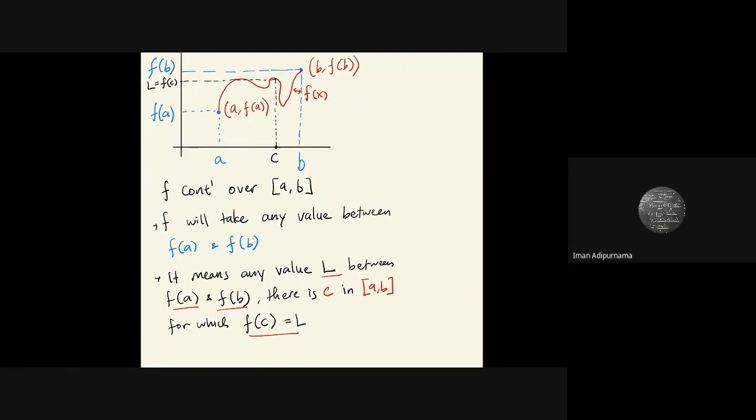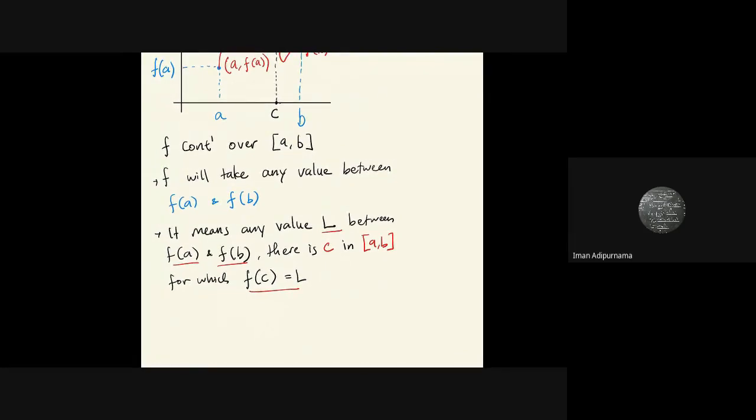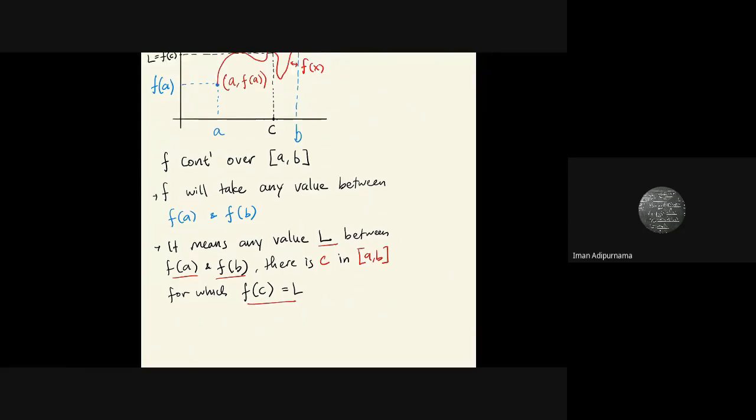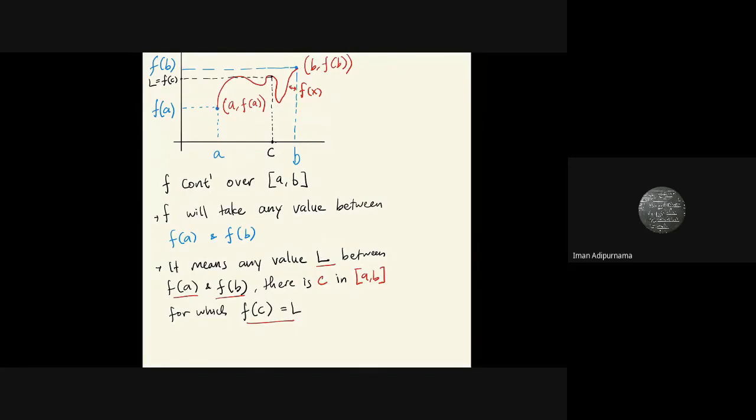So this means you can at least prove that there is a C, and you can maybe determine what the C is if you know the value of the function. I think that's not too difficult. One example to utilize this intermediate value theorem is if you have any polynomial function and you want to prove there is at least one root that makes the function zero.